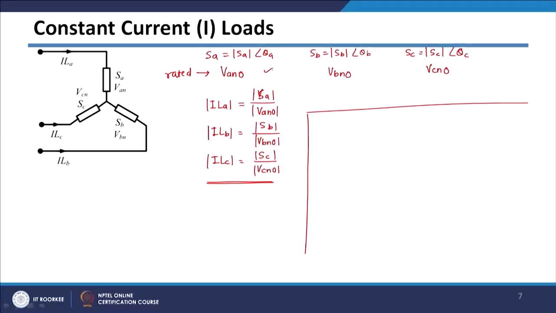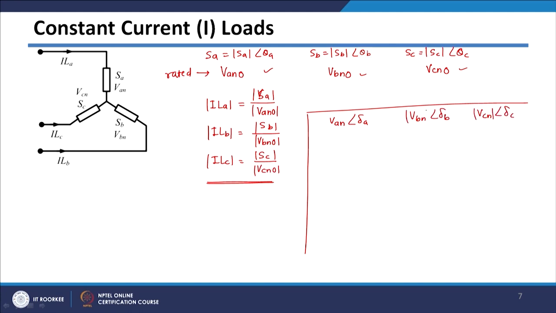If there are voltages different from these nominal voltages, as I told you sometimes there will be, say the voltages now are VAN angle delta A, VBN angle delta B and VCN angle delta C.